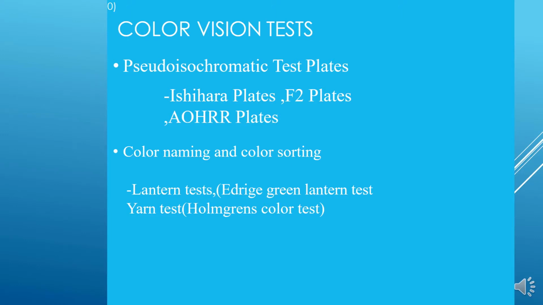So here I'll demonstrate these tests later. One is the pseudo isochromatic test plate. Sorry, we have Ishihara plates in our lab. I'll show you that next. Then there are a few tests of color naming and color sorting. We have the Edridge-Green lantern in our lab, the lantern test, and we'll do the Holmgren's color test.